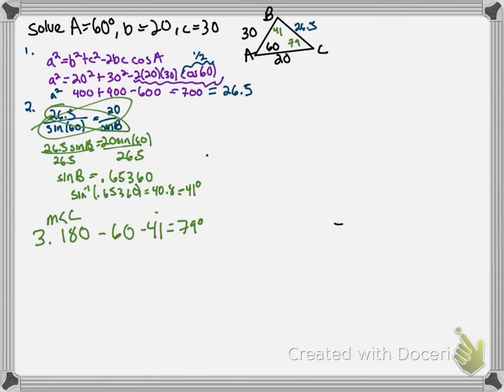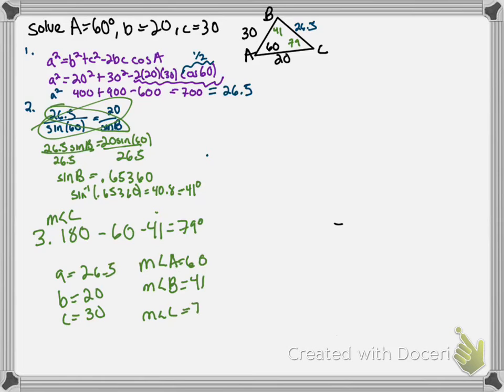So side A is 26.5, side B is 20, side C is 30, measure of angle A 60, measure of angle B is 41, measure of angle C 79.